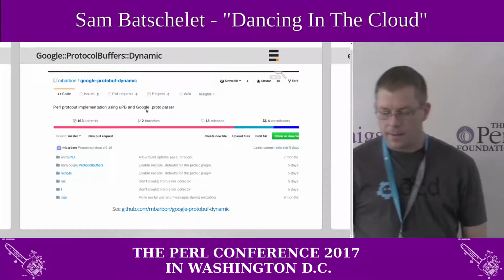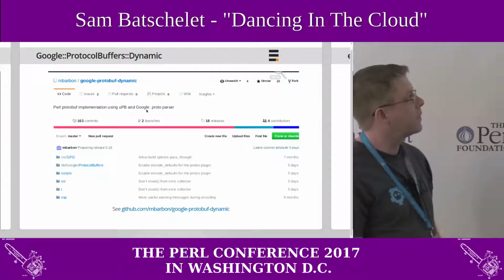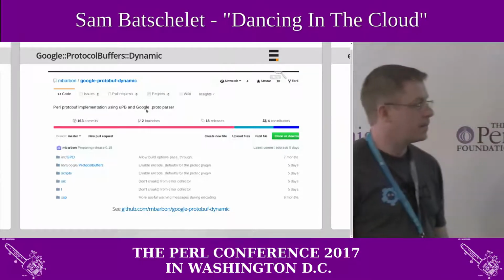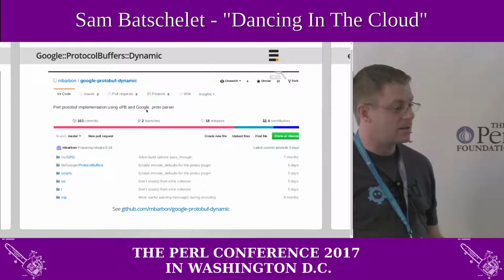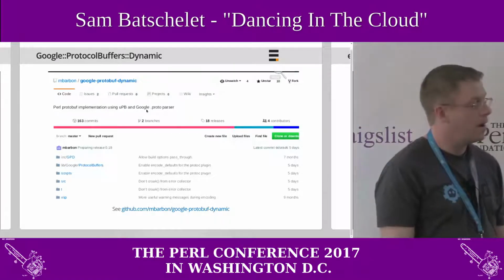It's just recently I came across this module, Google Protocol Buffers Dynamic. What this does is it's a plugin for Proto that gives support to Perl. I haven't played with this much, but this is very cool.